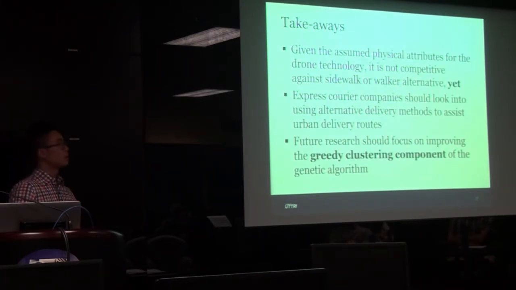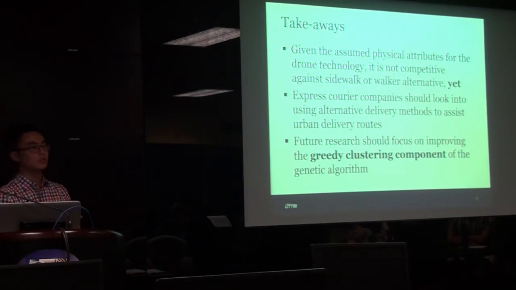The final takeaways from my research, given the assumed physical attributes that we've inputted, are that drone technology is not as competitive as the other two, as a traditional walker, at this current time.